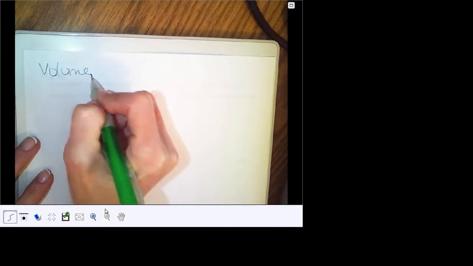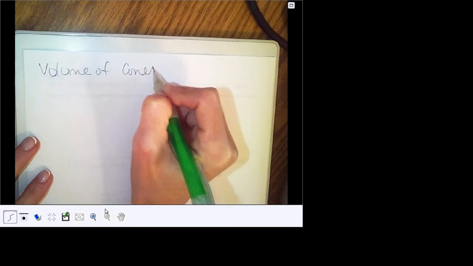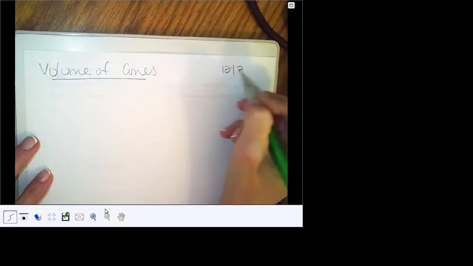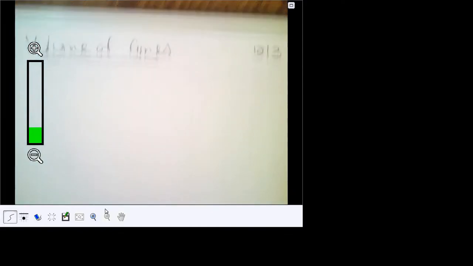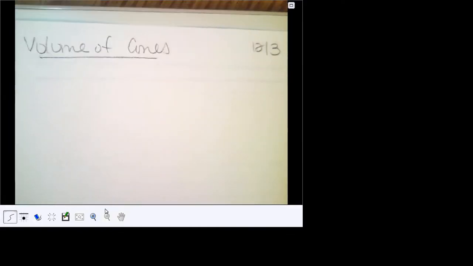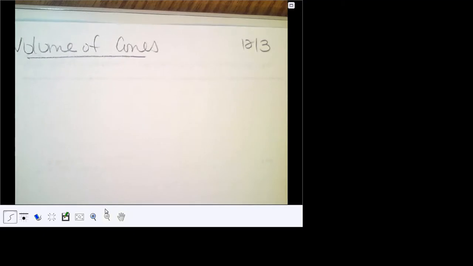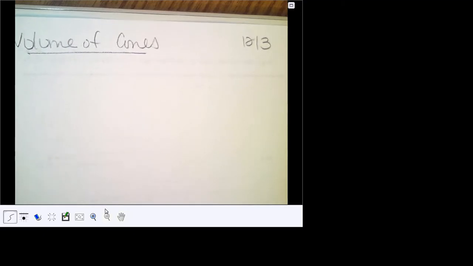Okay, today we are going to do volume of cones. Now yesterday we did volume of cylinders, and today in class we worked on volume of cylinders.